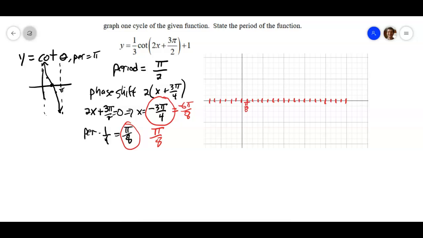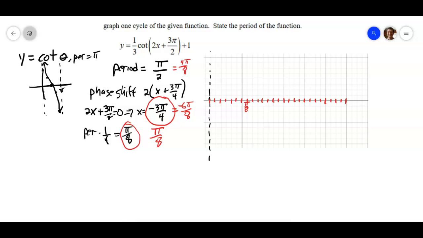So our asymptote is normally at the origin for a cotangent, but in this case it's 6 tick marks to the left. So 1, 2, 3, 4, 5, 6. There we go. That's our asymptote. That's our first asymptote. And now the period is pi halves, which in terms of our tick marks is 4 pi eighths.